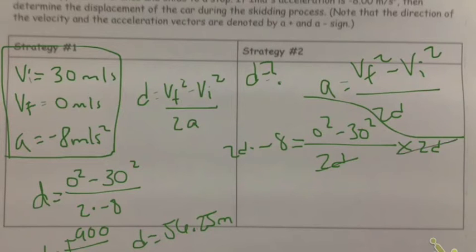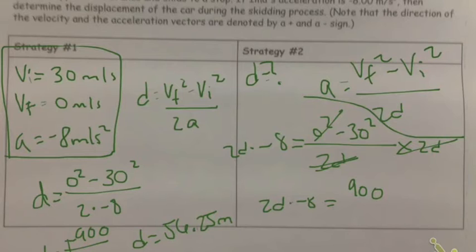These will cancel out. So what we're left with is 2D times negative 8 equals, well, we had 0 squared, that means nothing, negative 30 squared, that was again 900 over nothing, because that already canceled out.